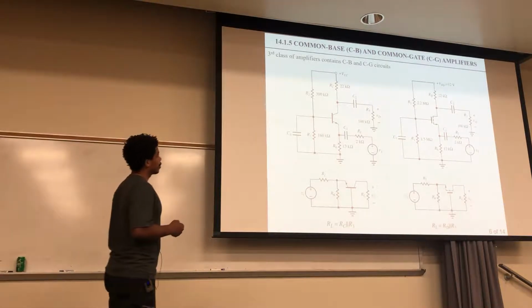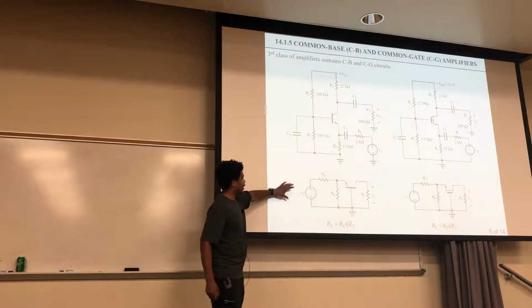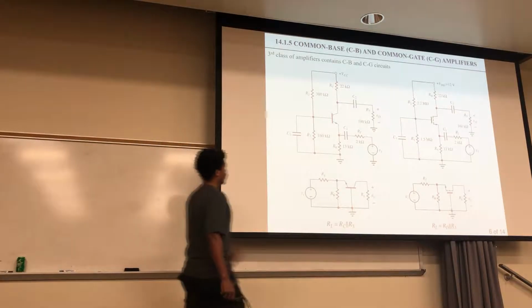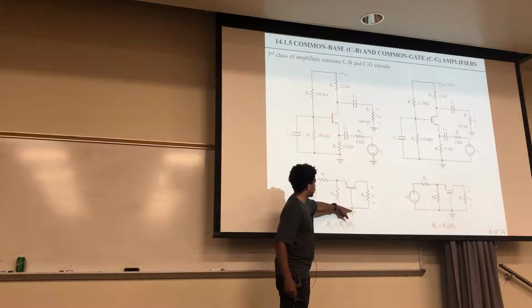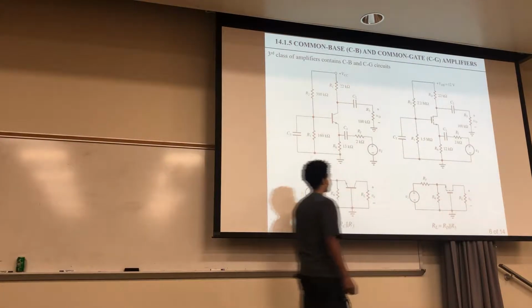They typically look like this, and these are the versions that you get when you take into account your small signal analysis. You can clearly see here, after you do all that, you do end up with the base being in common, and also the gate being in common with the inputs and outputs.